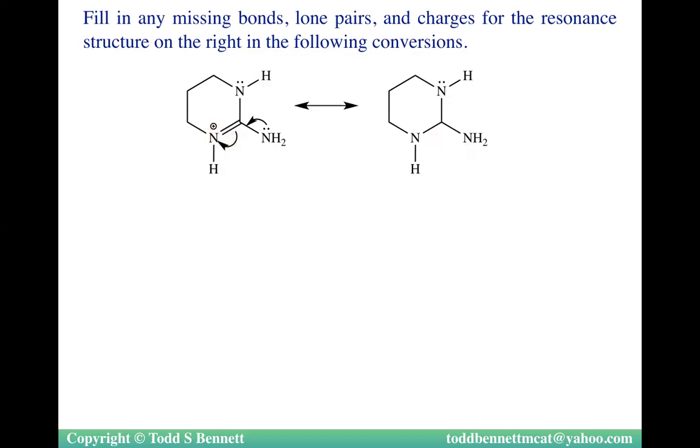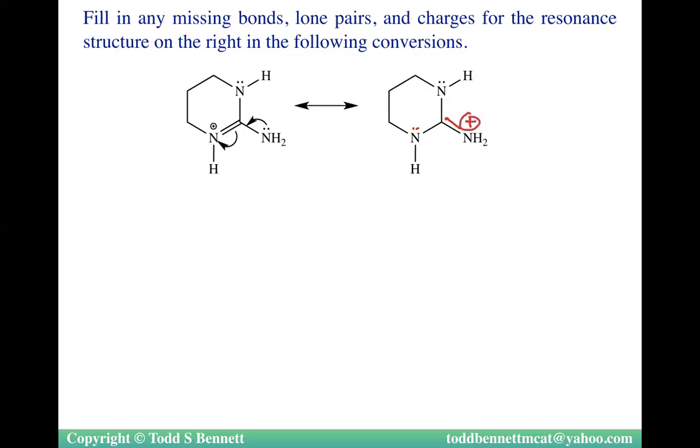We have a plus charge and a pi bond moving towards it. If electrons are moving towards it, then you're going to get rid of the positive charge. So in the end, this nitrogen is going to have its lone pair, and it's going to be neutral. And this nitrogen, which had a lone pair that's donating in, is now going to form the pi bond and leaves behind a plus charge in its wake.